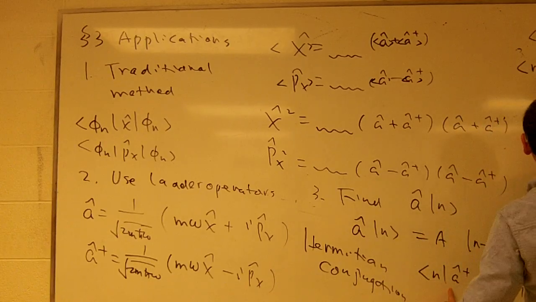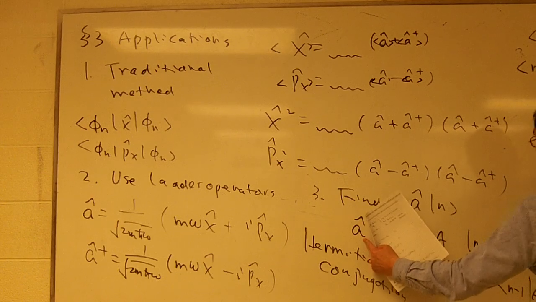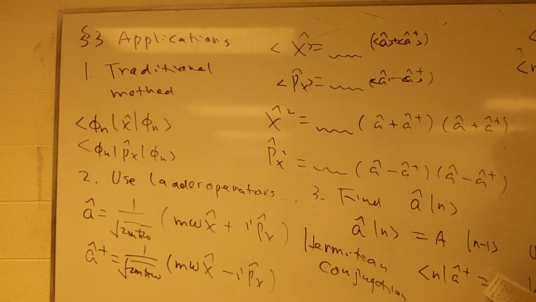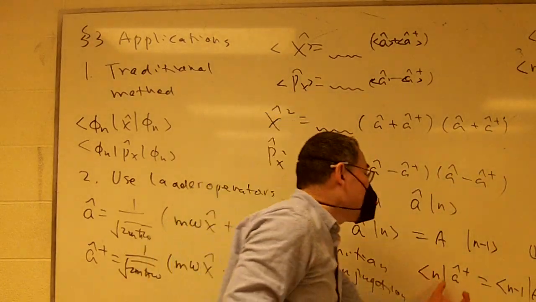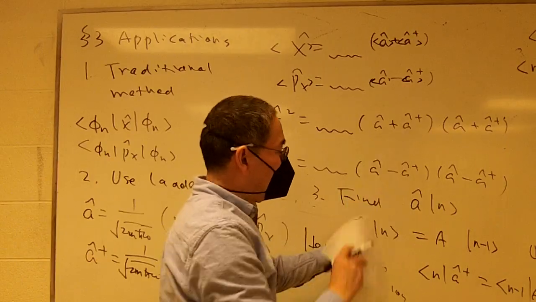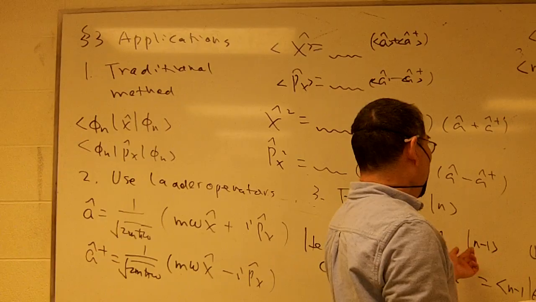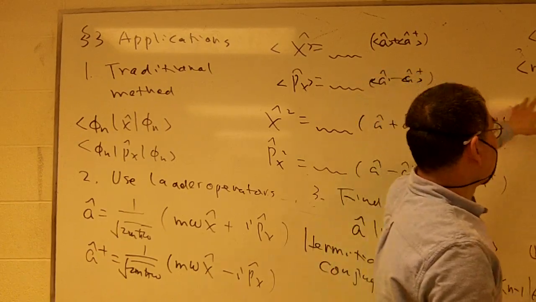And then a dagger hat, A hat, N equals N minus 1, A squared, N minus 1. So this is equation number 2 multiplied by equation number 1. That's the left-hand side, and this is the right-hand side.